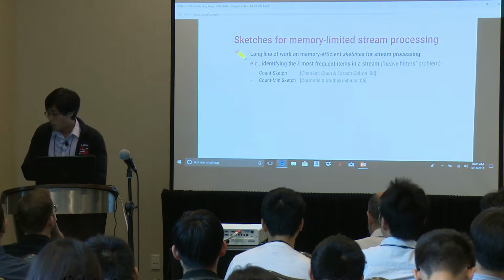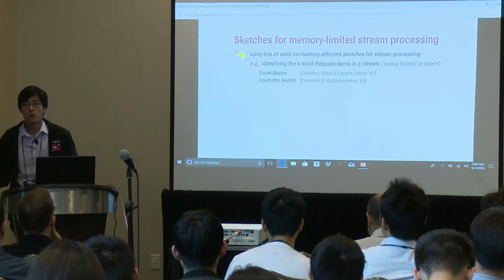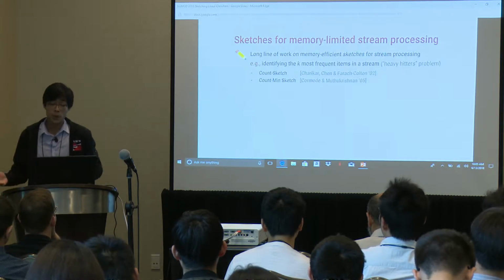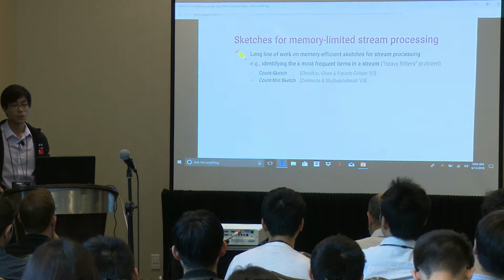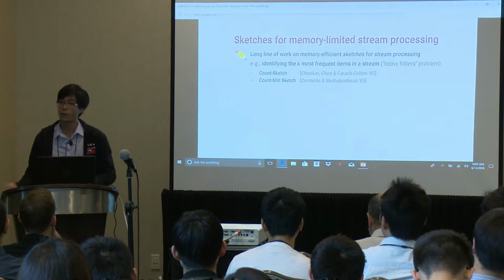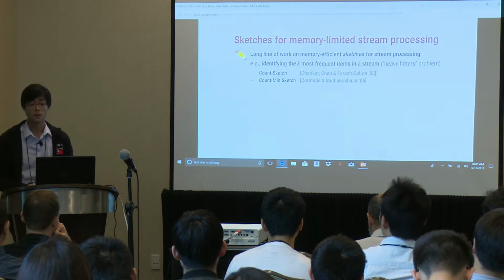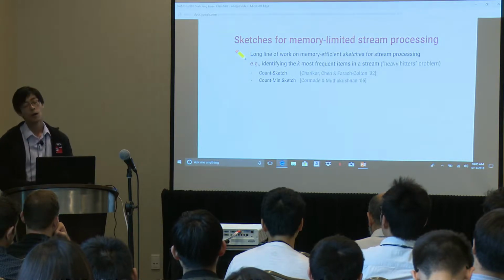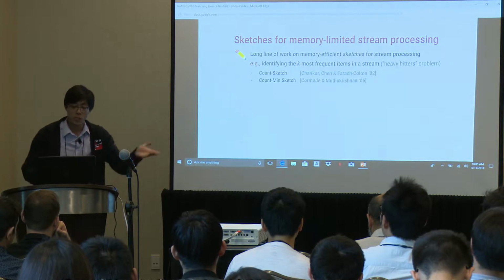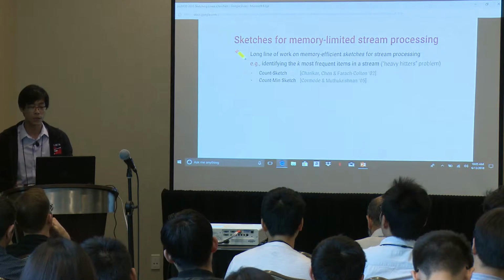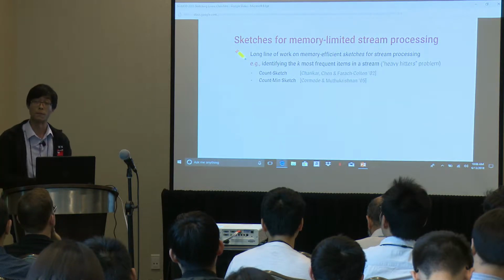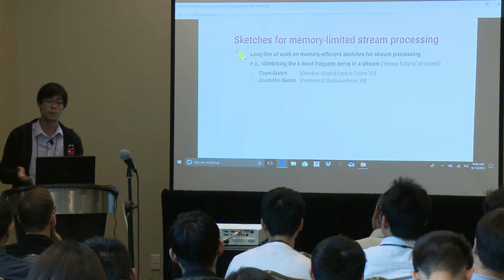We can turn to the streaming algorithms community, where there has been a long line of work on the use of memory-efficient summaries called sketches for various stream processing tasks. A very famous example, which was just touched on in the previous talk, is the problem of identifying the k most frequent items in a stream, otherwise known as the heavy hitters problem.